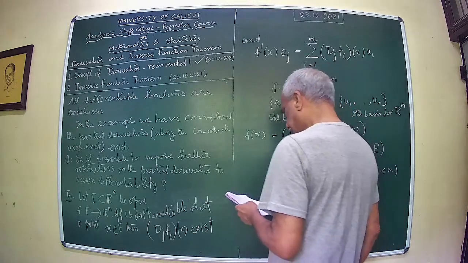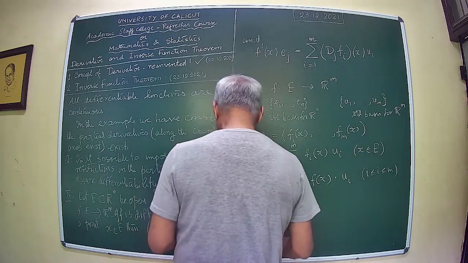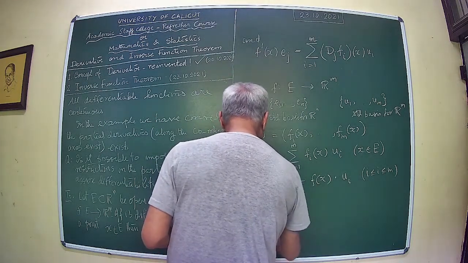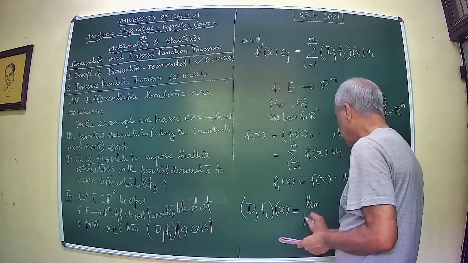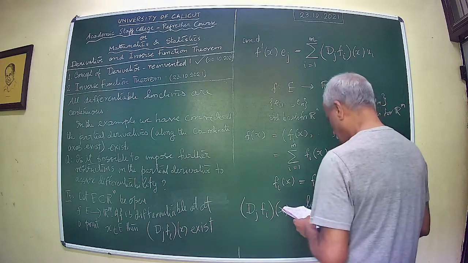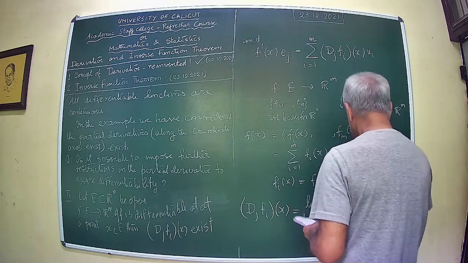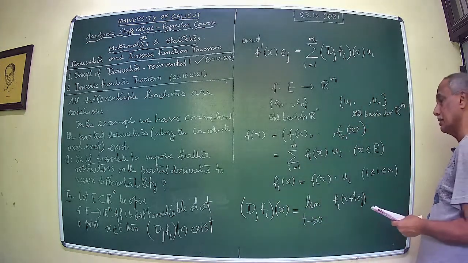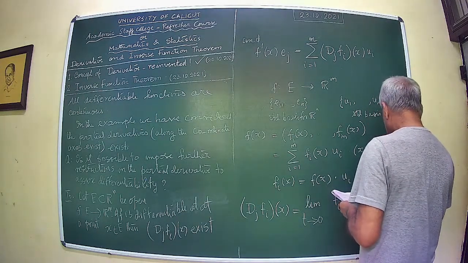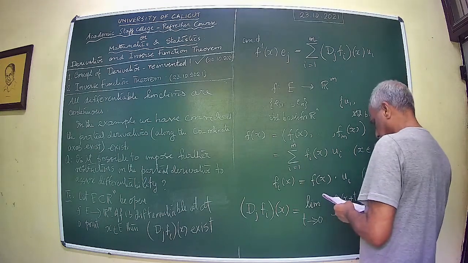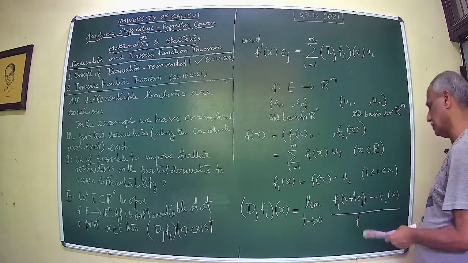Now we write down d_j f_i, which is equal to the limit as t tends to 0 of f_i(x plus t e_j) minus f_i(x), divided by t, taking the derivative in the direction e_j, because the norm of e_j is equal to 1.